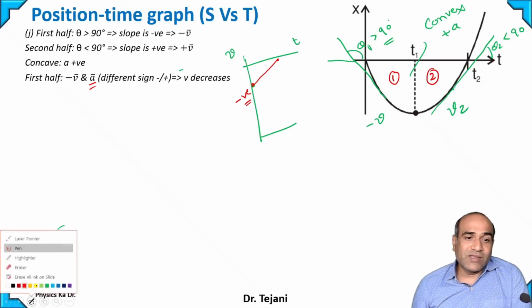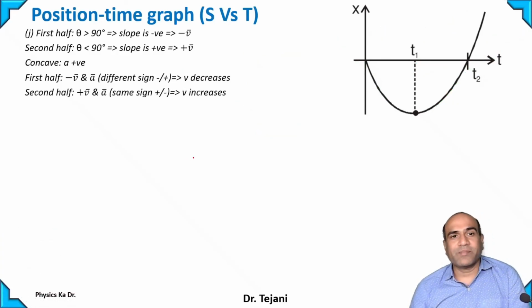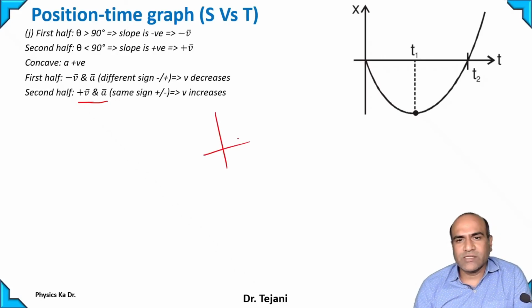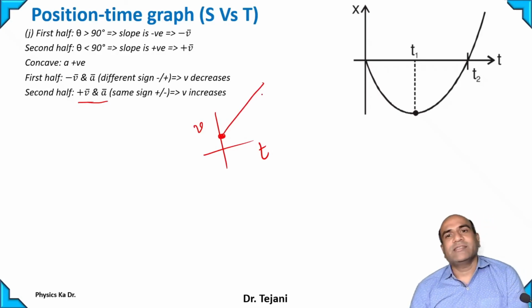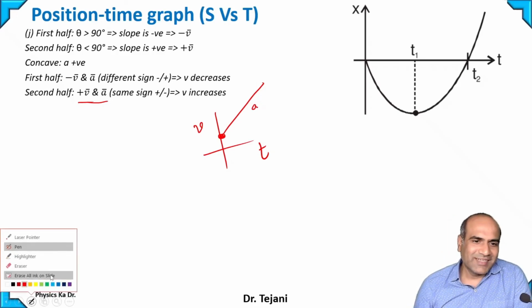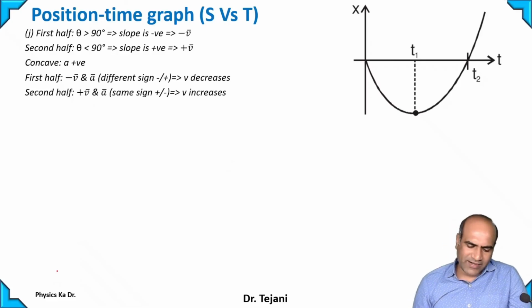Don't confuse with the direction, otherwise you will have a big problem. And then for the second half, velocity positive, acceleration positive. What happened? This is the v versus t graph. Velocity is positive, so it is above the line, and it increases because acceleration is positive. So it is like that. I think you have understood that part.